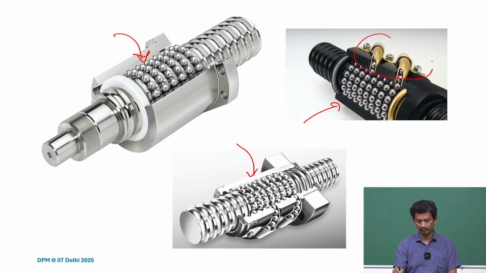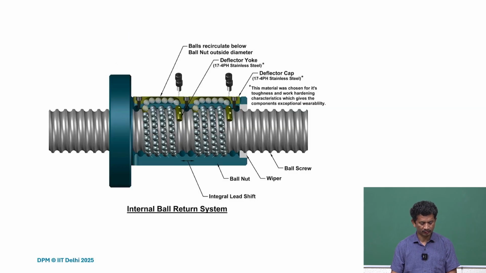That's why you have these tubes at the end, so the balls are fed in again at the end. This is one of the cut sections, the section view, to show the details.